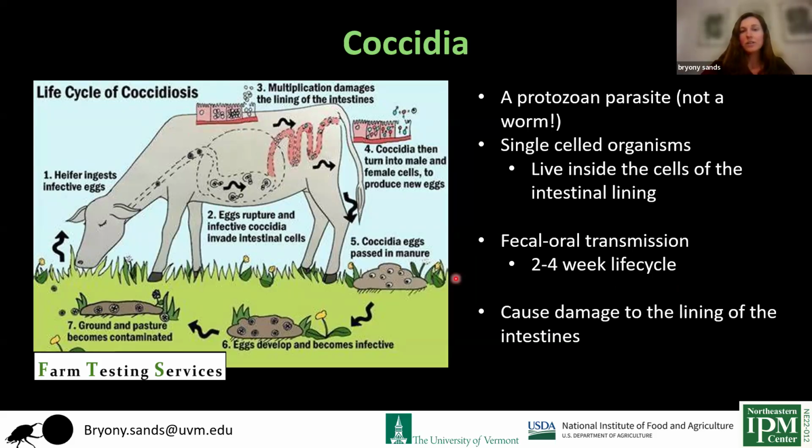Again, this is fecal oral transmission, transmitted through the dung on pastures and in housing as well, as we'll see. And it can have quite a quick transmission cycle of just 2 to 4 weeks, so it can really proliferate quite quickly.